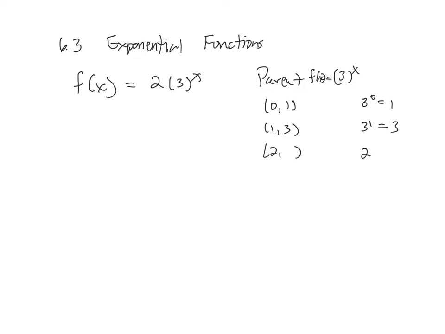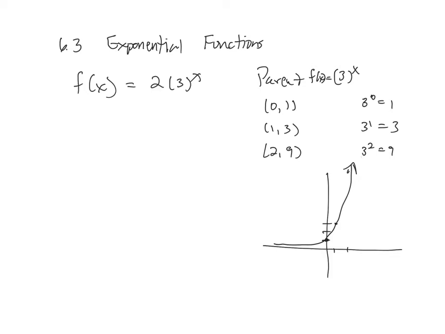And 3 to the second power equals 9. And then when we graph it, 0, 1, 1, 3, and then 2, 9 is way up there. And the graph would look like this, and it would go like that.